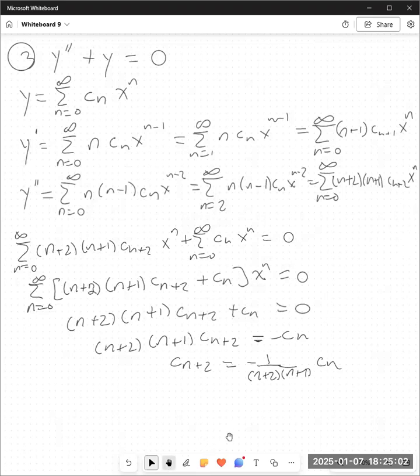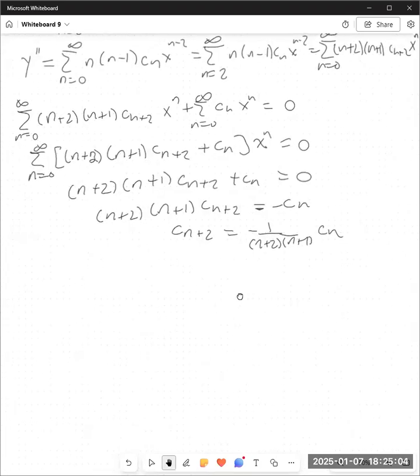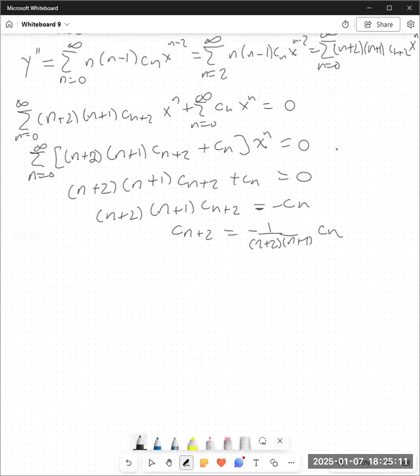And you'll notice that we're starting with whole numbers here. So our n started at 0 for our series. So that's the first n that we're going to be able to plug in here. So the first c that we can get out is c2, meaning that c0 cannot be defined by this formula. c1 can also not be defined by that formula. c2 can, and it'll be in terms of c0.